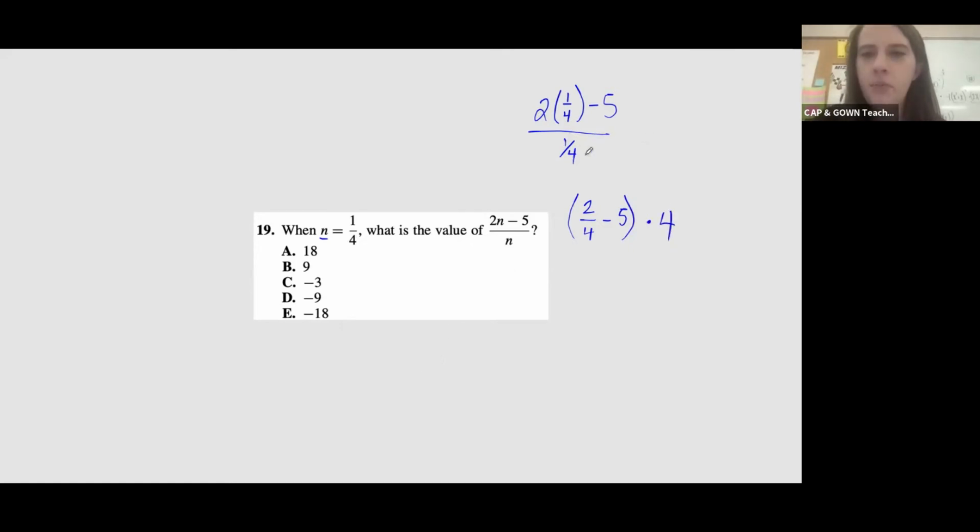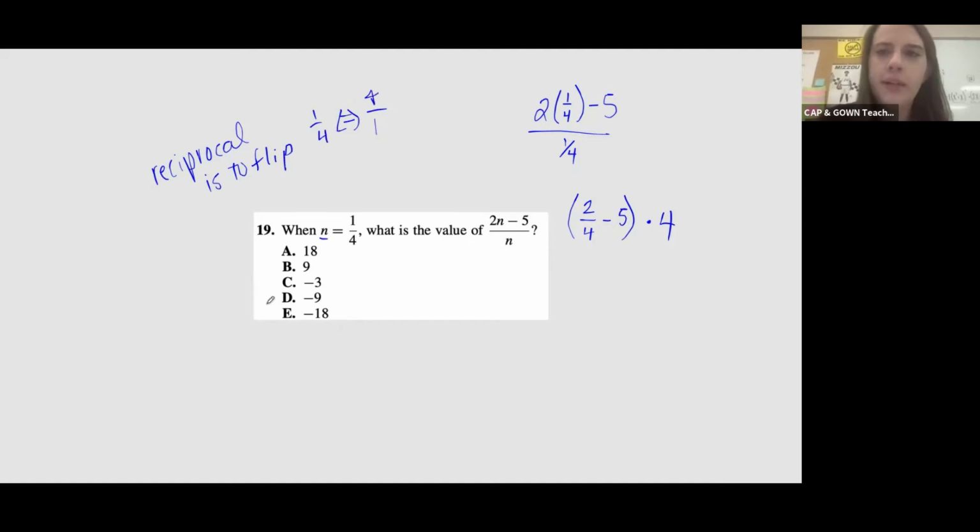The reciprocal of 1/4. So remember, reciprocal is to flip. So if I'm given 1/4, the reciprocal is that 4 over 1. So I can keep going.